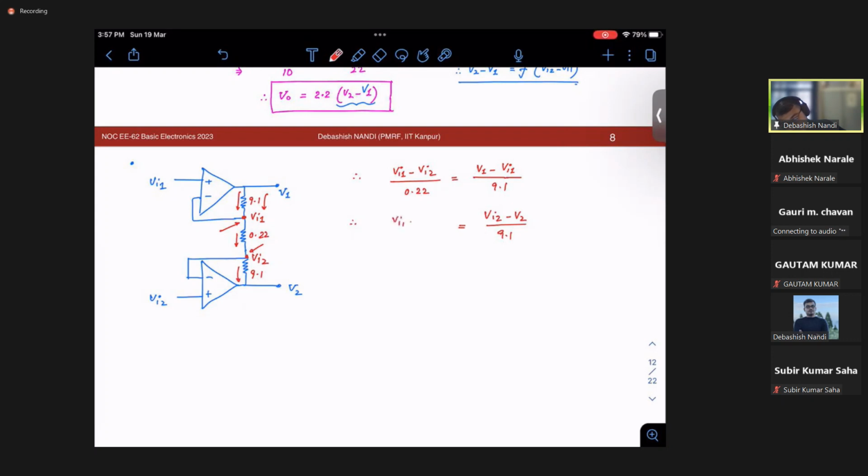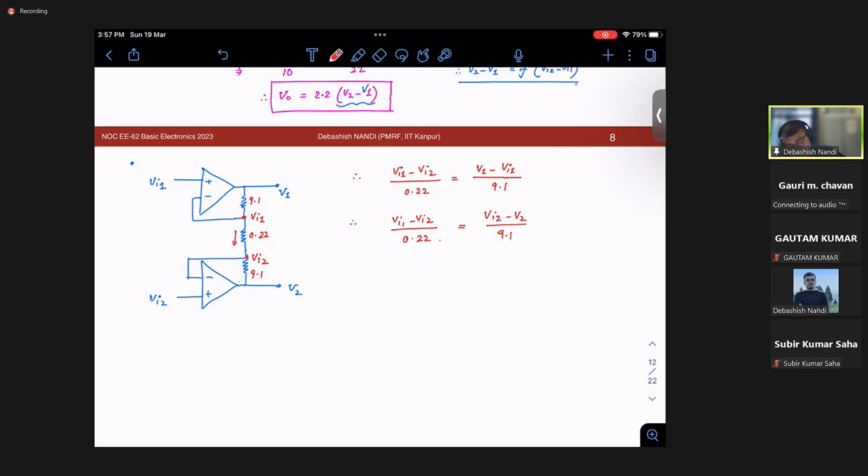Again check the sanctity of the KCL, that this (Vi1 minus Vi2) current is equal to this input current, because no current is going here also, no current is going here also, right? Similarly, no current here, no current here. So this current also (Vi1 minus Vi2) over 0.22 will be same as (Vi2 minus V2) by 9.1.